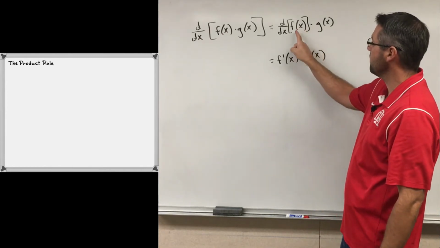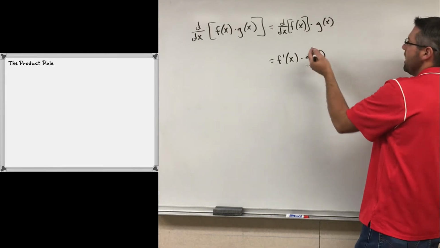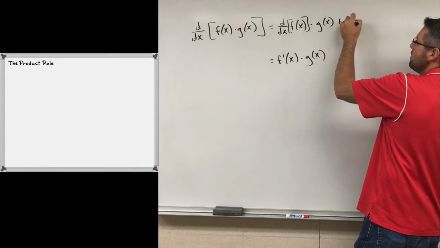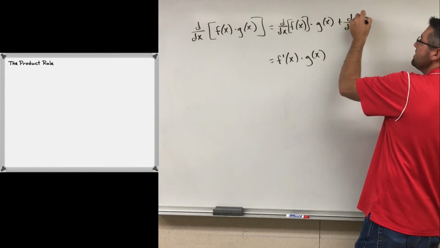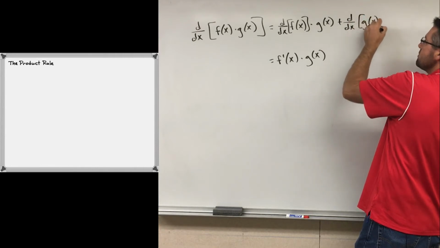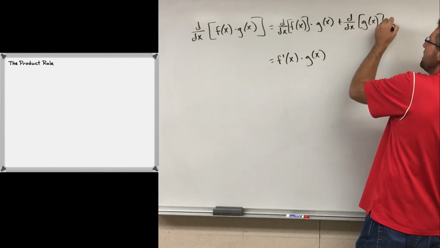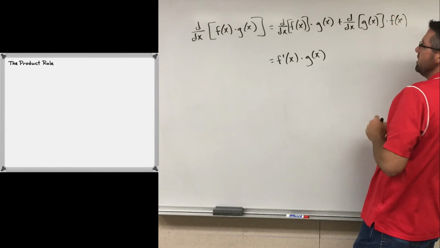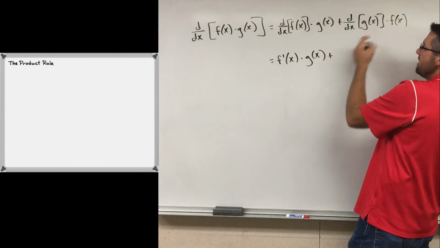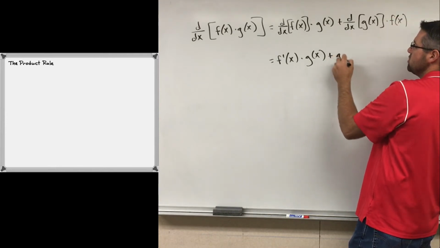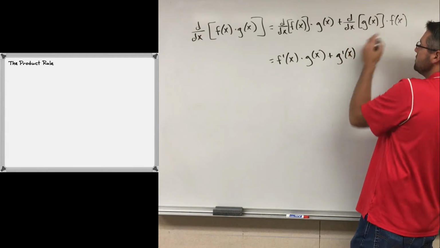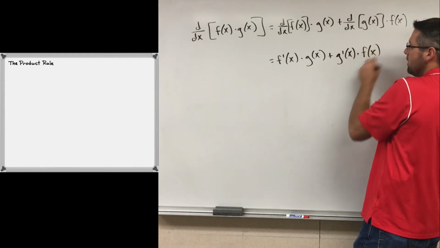I only took the derivative of the first thing. And then we add to it the derivative of the second thing, and then multiply that by the first thing. Okay? So another way to write that would be the derivative of g of x is g prime of x, and then just times f of x.